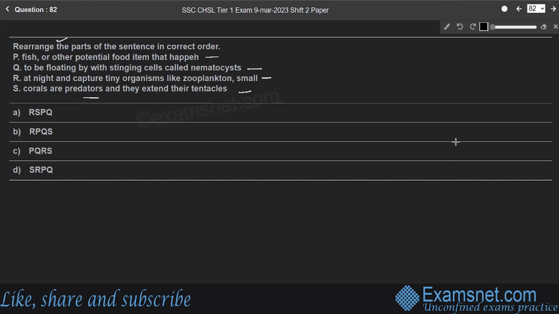So the subject is corals, and the 4th part, S part, gives the subject and their actions. Next comes the part about extending their tentacles at night and capturing tiny organisms like zooplankton and small. This R part becomes the second one.